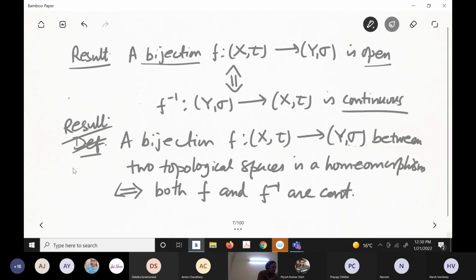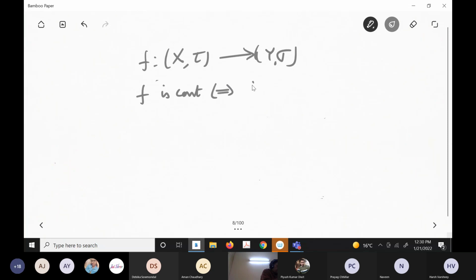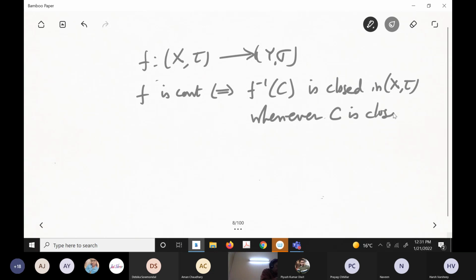But if you have a bijection, recall the equivalent characterization of continuity, which we also got: F is continuous if and only if F inverse of C is closed in (X, tau) whenever C is closed in (Y, sigma).